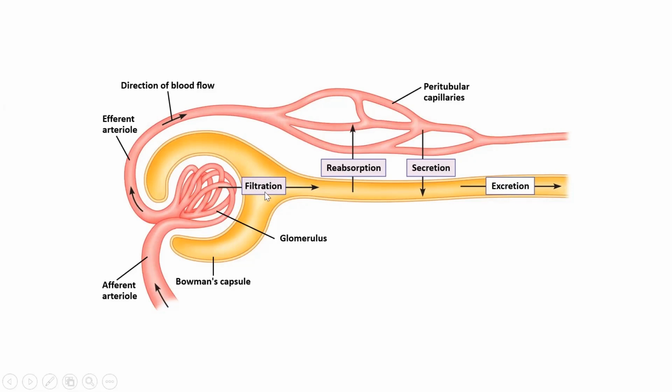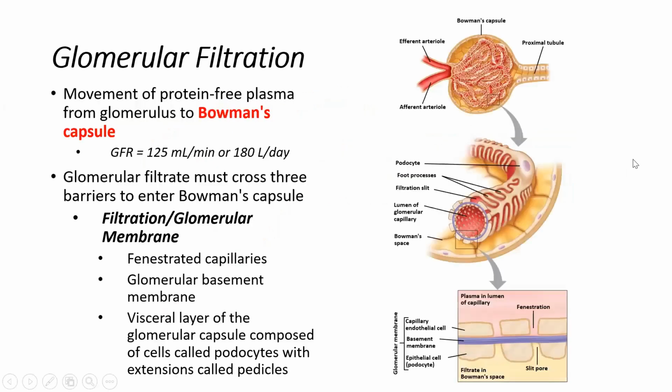And then we begin to fine tune that filtrate once we enter the first part of that tubular structure. So we start by reabsorbing things that we want that may have been filtered out inadvertently. And then we also secrete things that we don't want that were not filtered across the glomerulus. And then the last part of the process is excretion, where we just void that final substance, which is urine, at the very end of reabsorption and secretion.